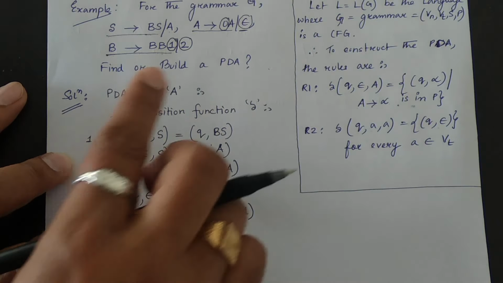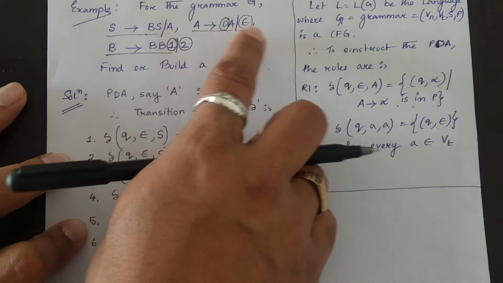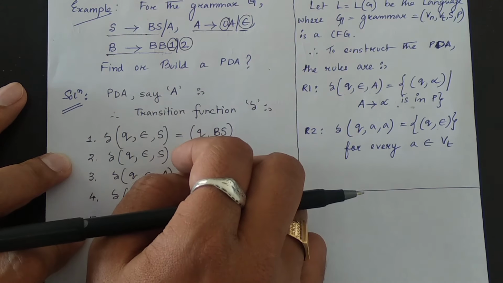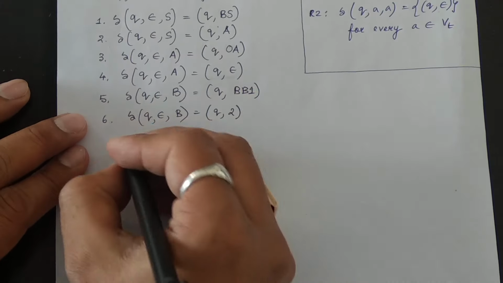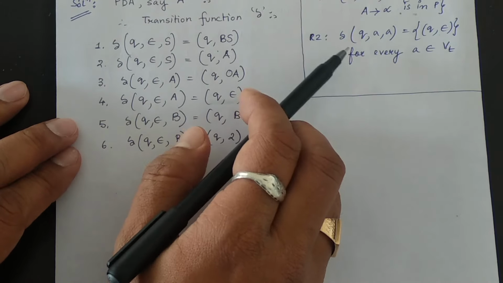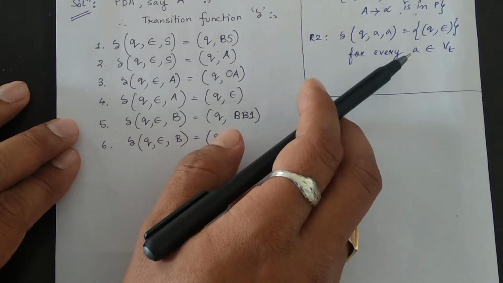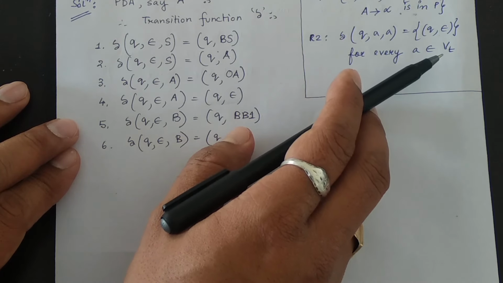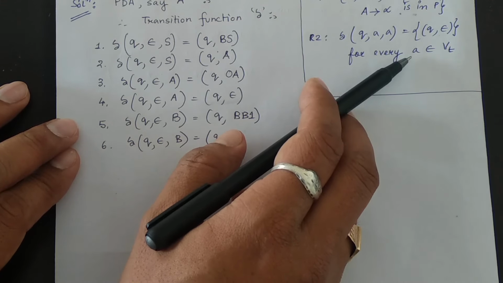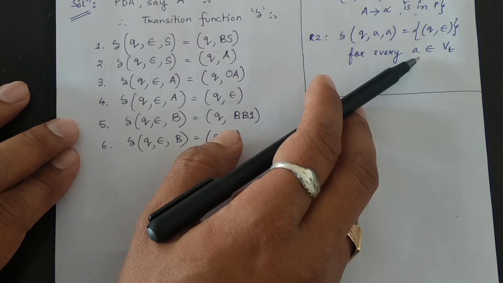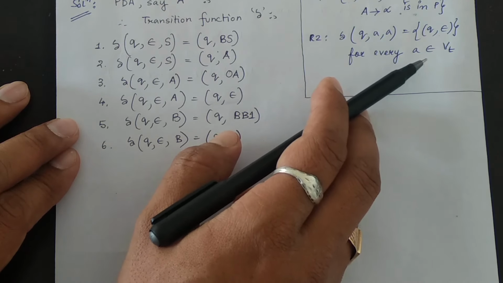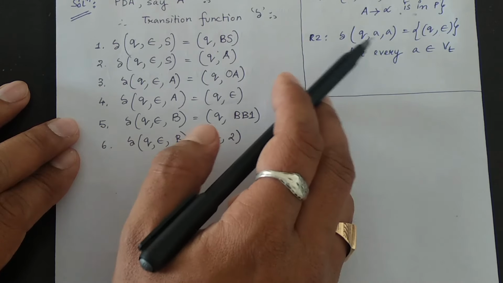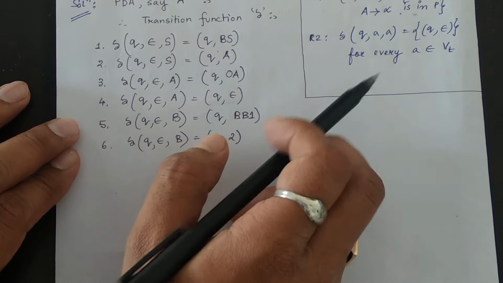So I have to write 4 transition functions for these 4 terminal symbols. Now look at rule number 2. Rule number 2 says that for every A belonging to the terminal symbols, that means here 4 terminal symbols, 0, 1, 2 and epsilon, I have to write down this format of transition function.